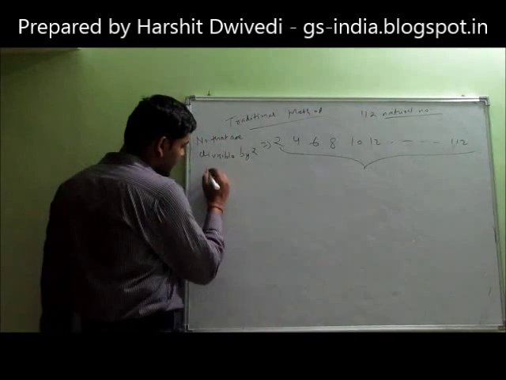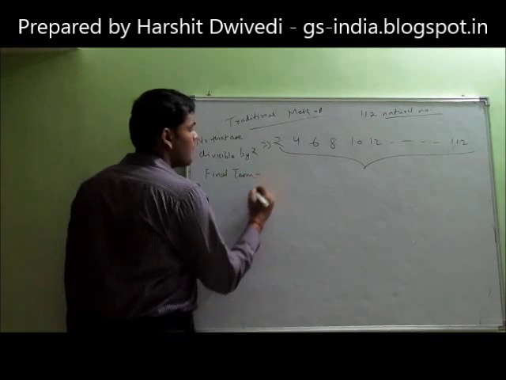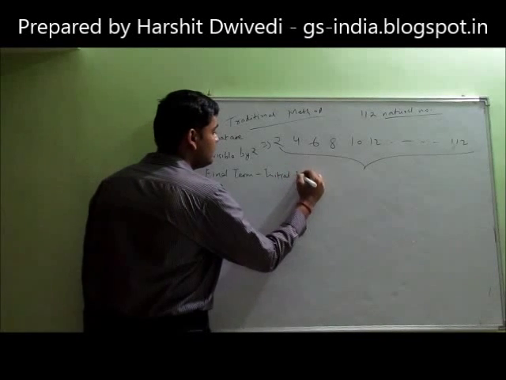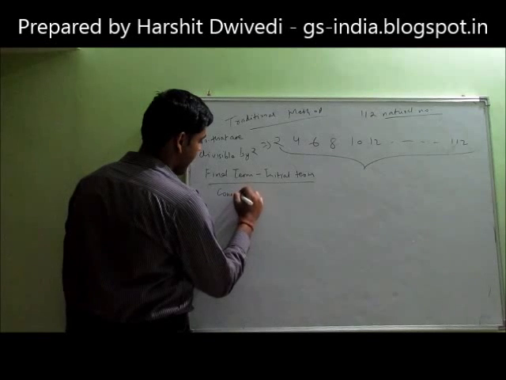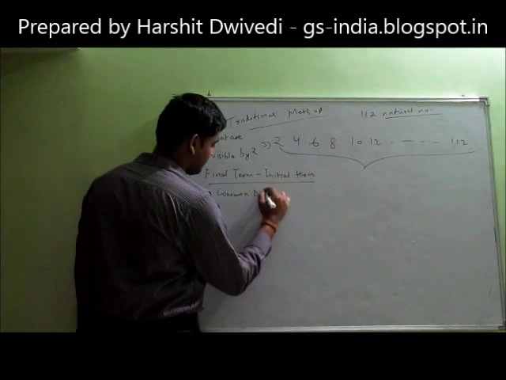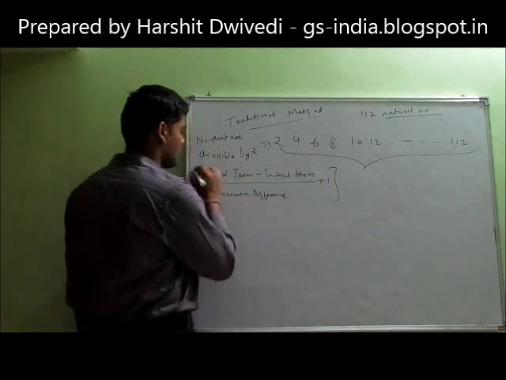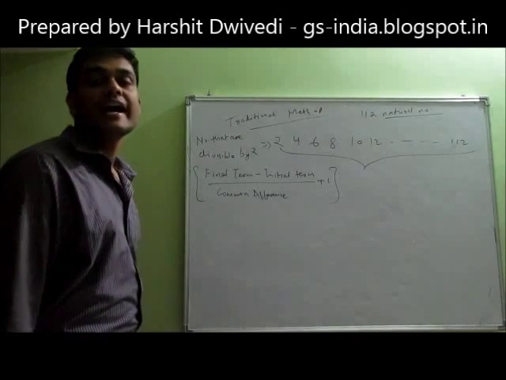The formula is something like this: final term minus initial term, upon common difference, plus 1. This is a formula to calculate the number of terms in an arithmetic progression.